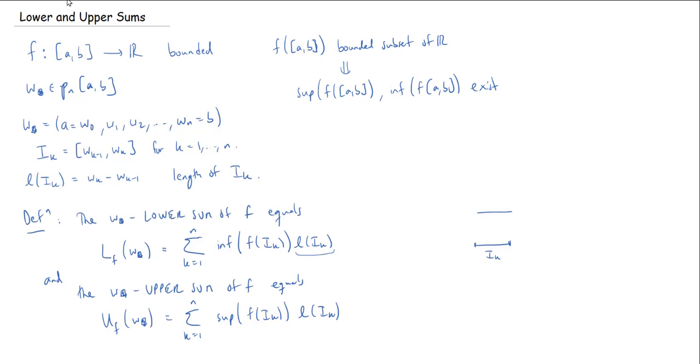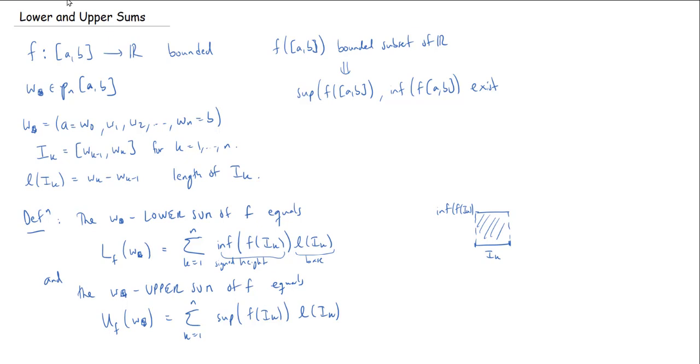And when I multiply these two together, so this is a base, and this is a height, here's my infimum of f of I_k. This gives me the area of a rectangle. Of course, it may not actually be an area because this value here could be negative. So this is sort of a signed height.